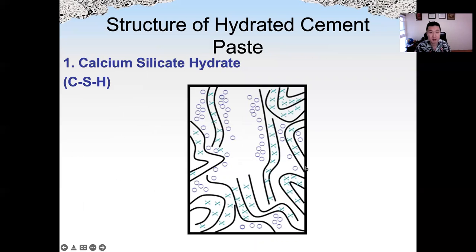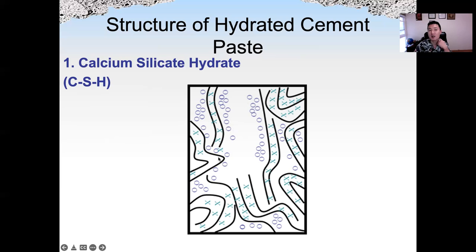All right, so this picture shows the nanostructure of CSH. Okay. So the black lines are actually CSH sheets, the layered structures. Between the sheets of CSH layers, we have water. So the green crosses are water. Okay. And also we have some other water in between the CSH sheets and also in the pores, the empty space, the gaps.